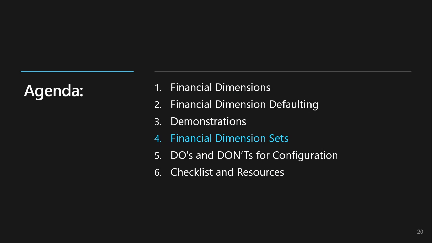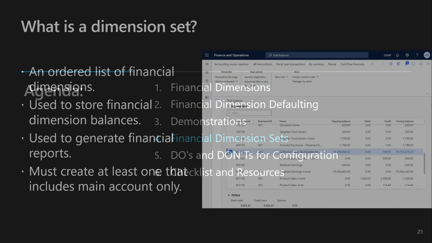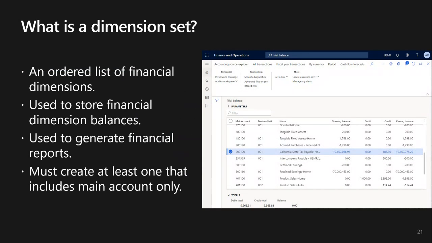After you have configured the ledger, you will want to consider and configure your dimension sets. A dimension set is an ordered list of financial dimensions that is primarily used for reporting and inquiry purposes. The real value of a dimension set is the balances for that dimension set, and those balances are derived from the general ledger data and stored in a format that optimizes for reporting and inquiry performance.